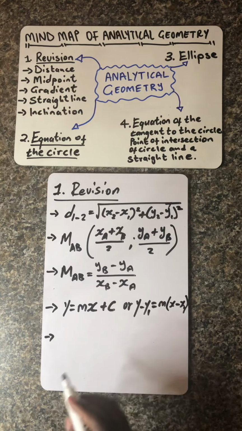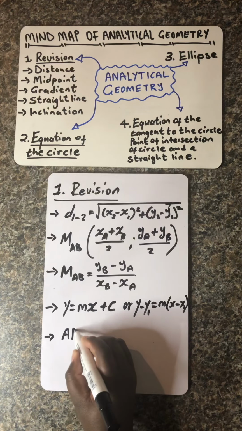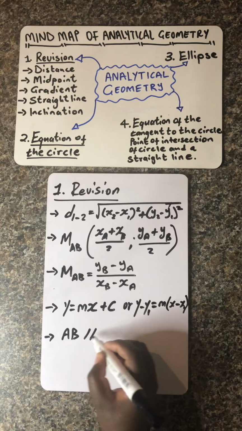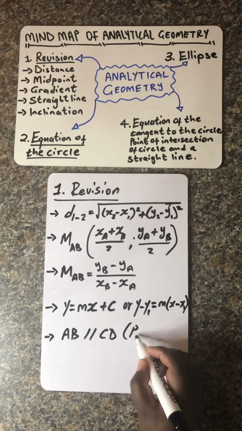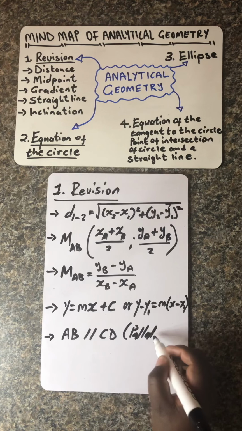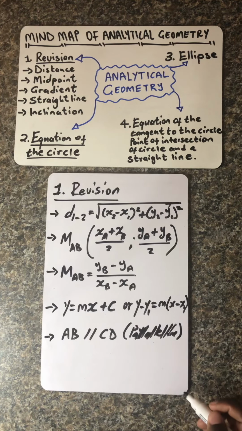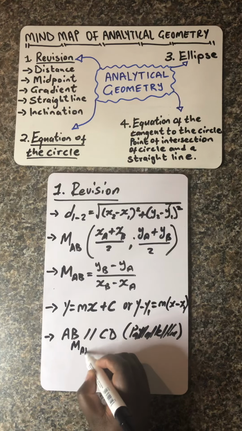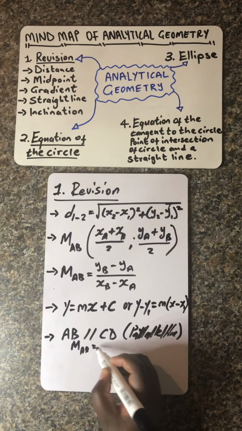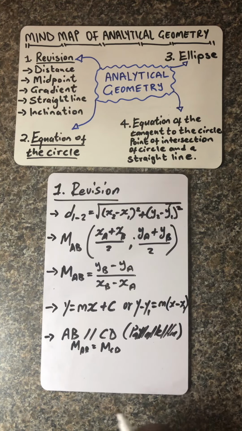Remember, you might have line AB being parallel to CD. So what is it that you know about parallel lines? Obviously, the gradient of AB should be equal to the gradient of CD.